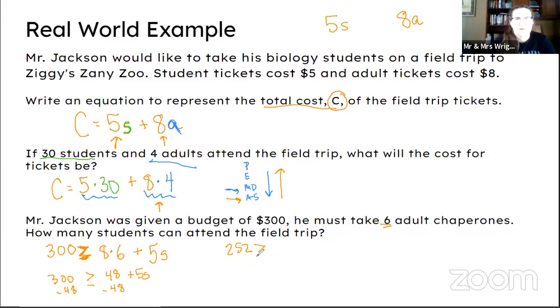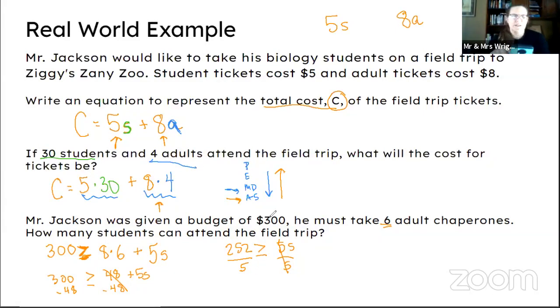252 is greater than or equal to, this canceled out, 5S. Okay, well, to undo what's being done to the S, I have to undo the multiplication because it's being multiplied by 5. So I want to divide by 5 on both sides. All right, so divide by 5, 252 divided by 5.